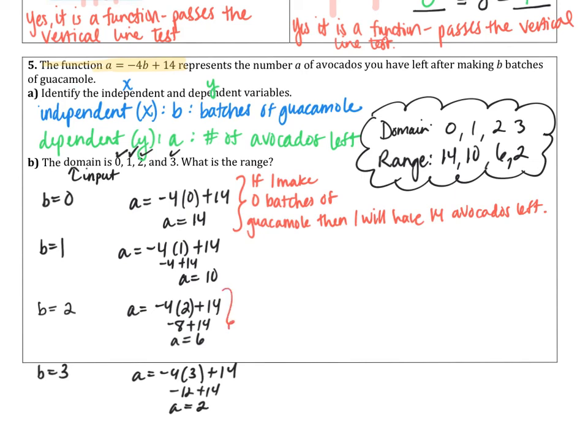And down here, we can interpret this one too. If I make 2 batches of guacamole, I will have 6 avocados left.